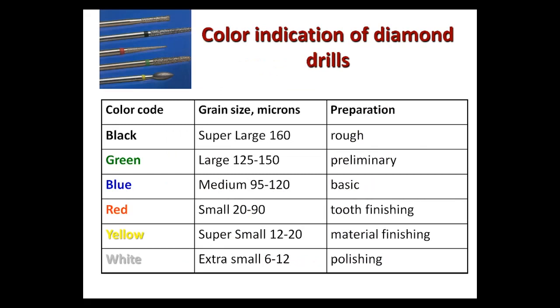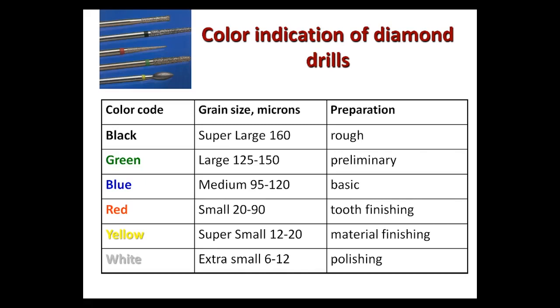Color indication of diamond drills: the black ring means the size is super large, and the number of microns is 160, and it is used for rough preparation, the first preparation of a caries cavity.